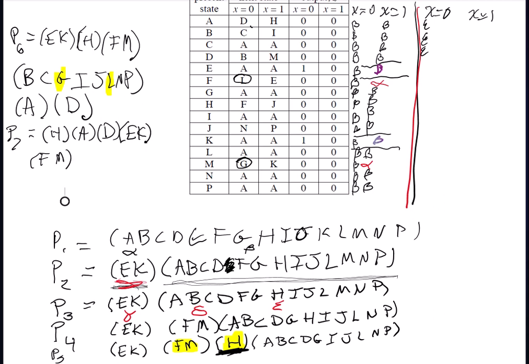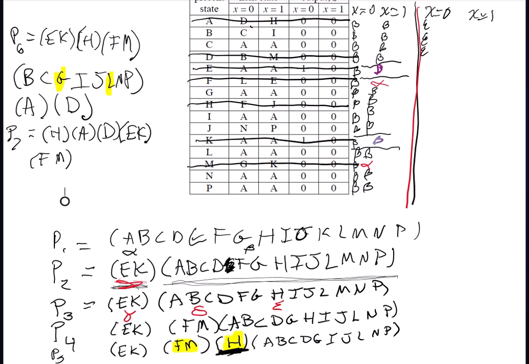Okay, now we need to look at everybody else. Like before, I'm just going to cross through the ones that we've done so I can more quickly scan through. H, A, D, E, K, F, and M. Okay, so we're looking at the zero successors. And we want to separate out those that have zero successors that are in different partitions.